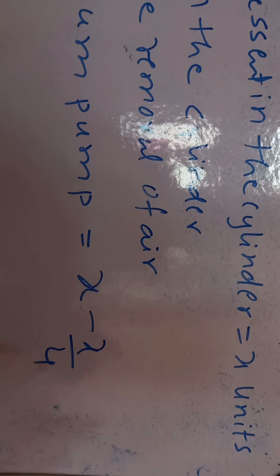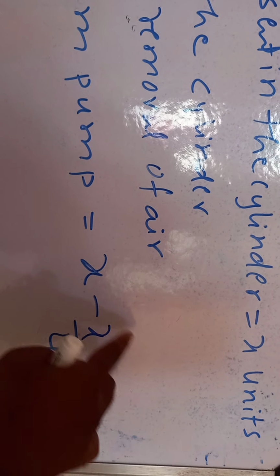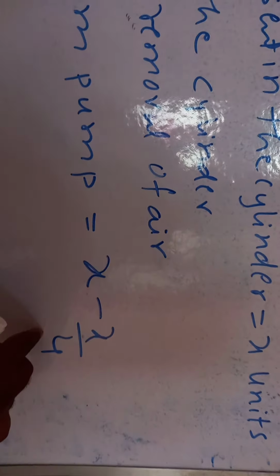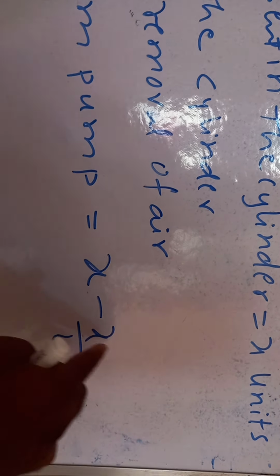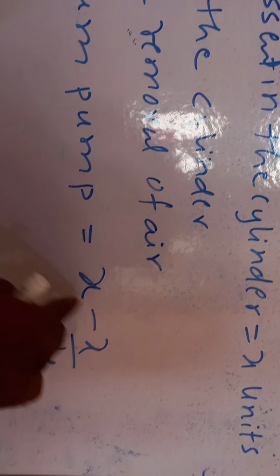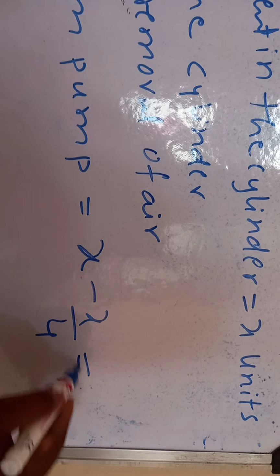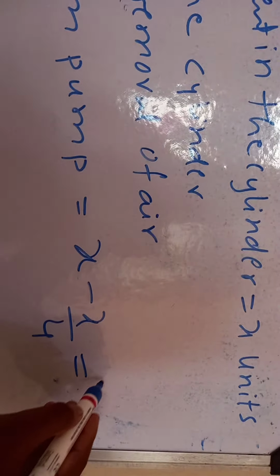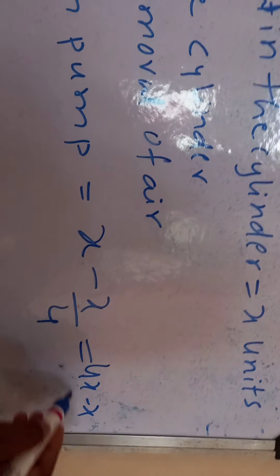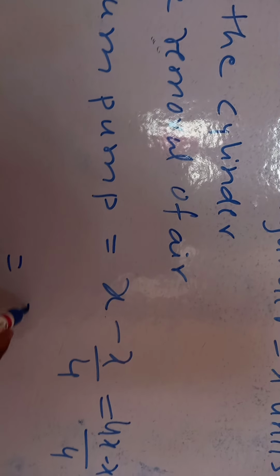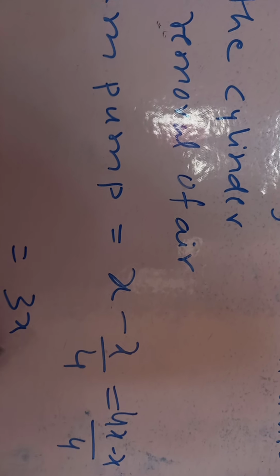In total the air is x, and 1/4 of the x is removed from the total air. Then LCM is 4, so (4x minus x) by 4, that is equal to 3x by 4 remains.